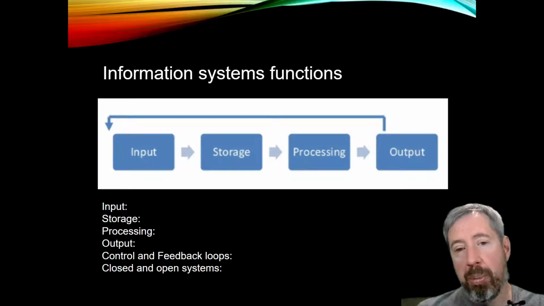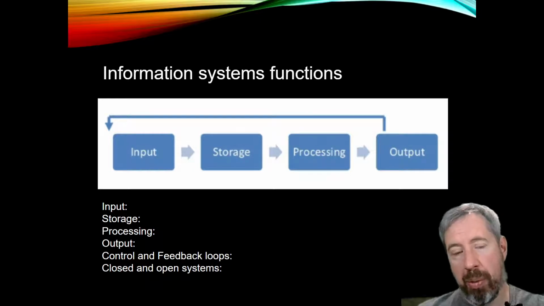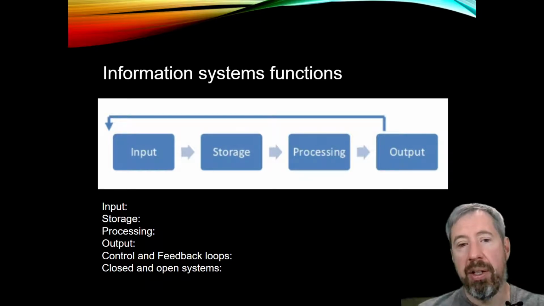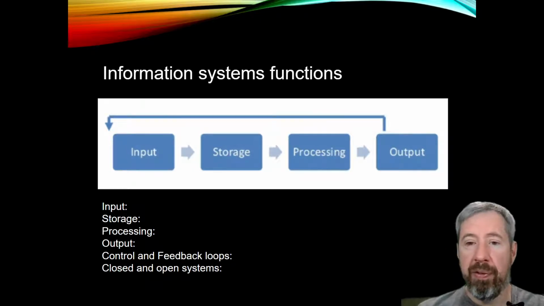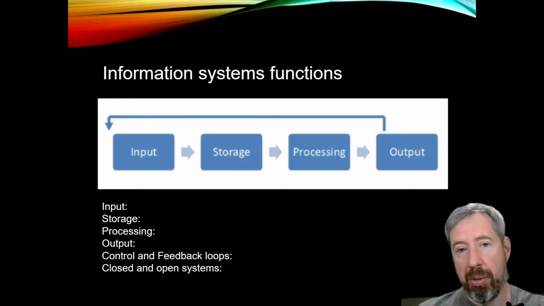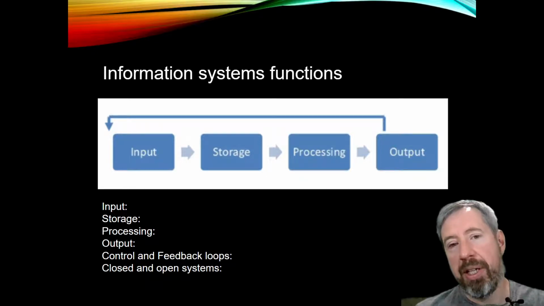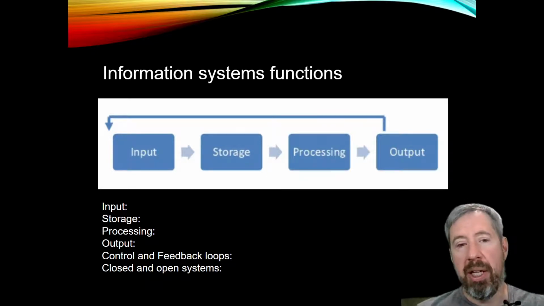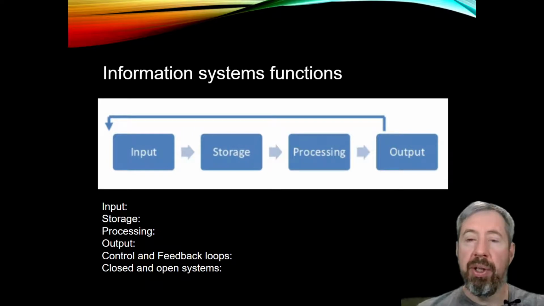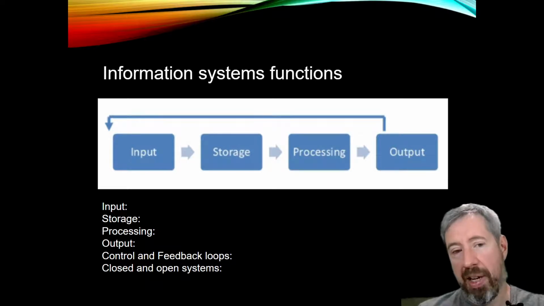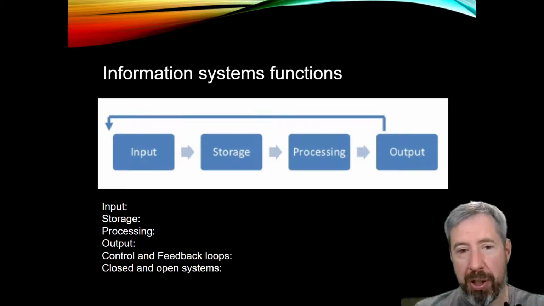So the first thing we're going to look at is the functions. I'll probably want you to make some type of diagram like this to represent the flow of information in this system. So we're going to start with input. Information will be input into a company's or a business's systems. It might be someone types information into a spreadsheet.